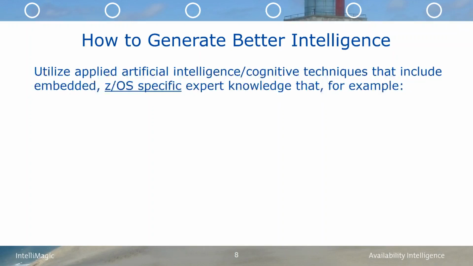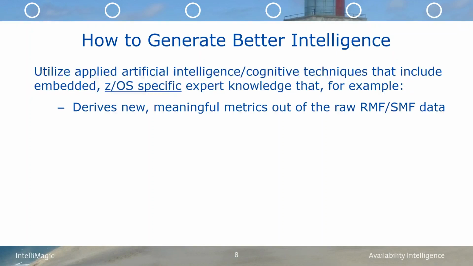There is some significant value in that. But from our perspective, if you really want the kind of value we're talking about, this intelligence that's usable and actionable, the solution that analyzes the data has to have z/OS-specific expert knowledge built into it about the types of workloads, about the best practices, and about the specific characteristics of the hardware that you're using to run those workloads.